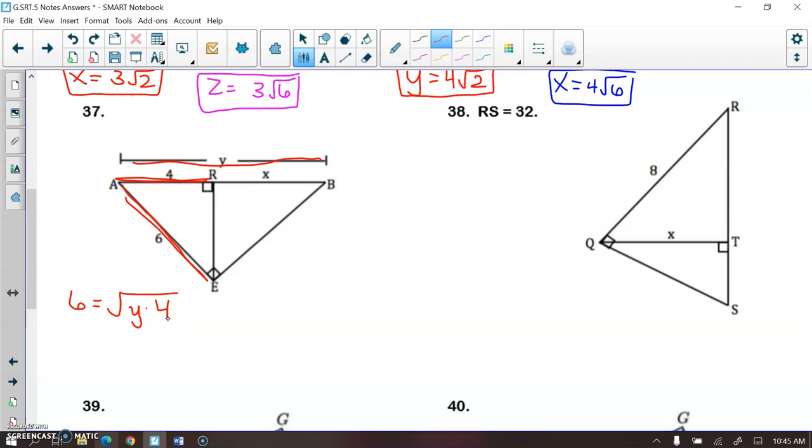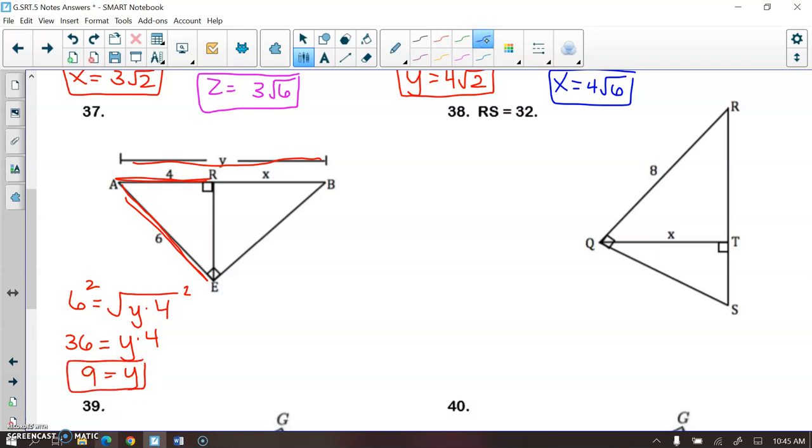I have a variable underneath the square root. To get that variable out, I need to square both sides. 6 squared is 36, and the square root of y times 4, the square root just goes away, and I'm just left with y times 4. To solve for y, I just divide by 4 on both sides, and I get y is equal to 9.